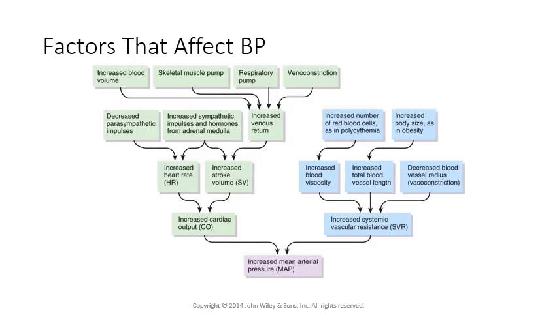All right, so here is a larger flow chart examining all the things that can impact blood pressure. We already talked about this part of the chart, right? These are all the things that increase resistance. Over here on this side are other things that can cause changes in the arterial pressure. Increased blood volume, so just having more liquid blood in your body, can change the pressure. Skeletal muscle pumps can change that.